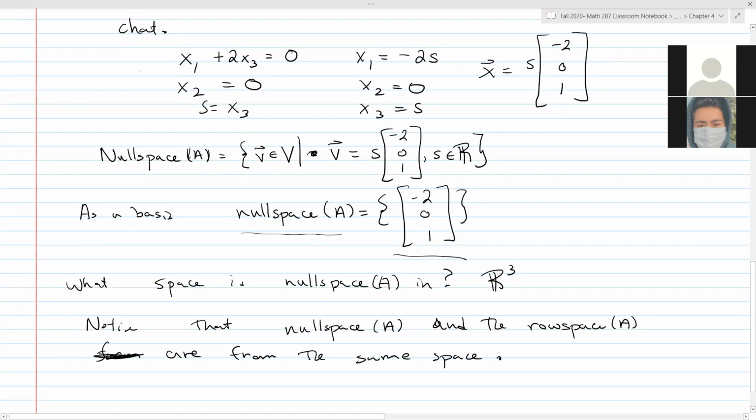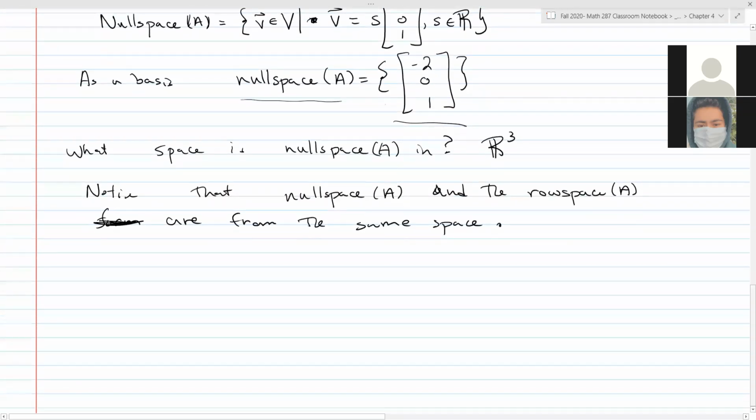And in addition to that, let's put them all together. So I've got my row space. Let's put the vectors together.